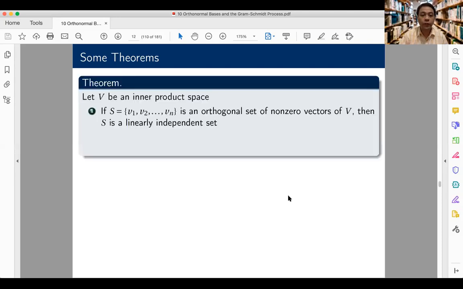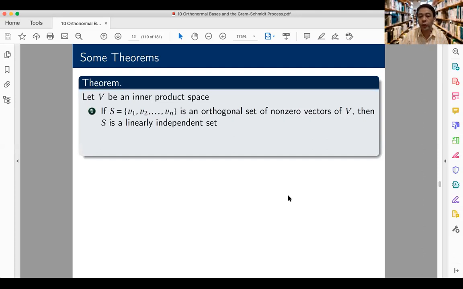Suppose we have an inner product space. If we have an orthogonal subset of non-zero vectors, then that set is automatically linearly independent. So kapag orthogonal sila, as long as the zero vector is not there, then S is linearly independent.